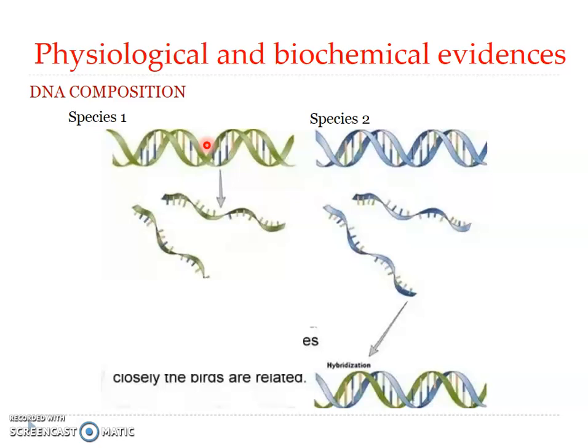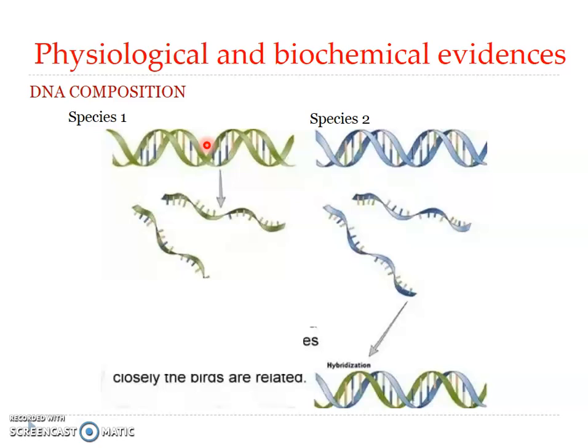Now, the DNA is double-stranded and appears like a twisted ladder. And genetic information for all the life activities, in whichever organism, is coded in the arrangement of nitrogenous bases between the sugar and phosphate molecules. So these things you are already familiar with, which you have already studied in your previous classes.